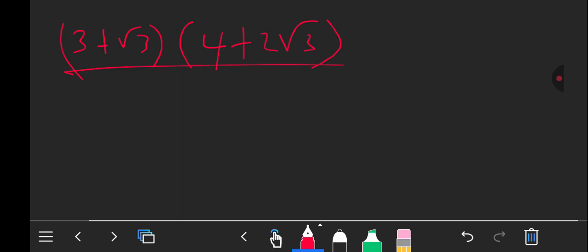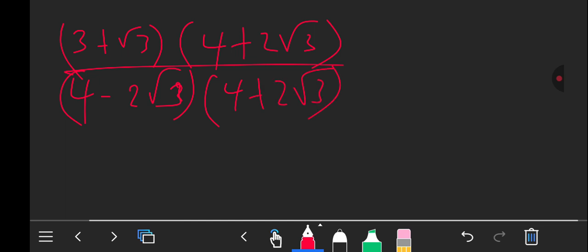So what we are going to have, we have 3 plus square root of 3, then it is multiplying by the conjugate, which is 4 plus 2 root of 3, over 4 minus 2 root of 3 multiplied by the conjugate, which is 4 plus 2 root of 3.